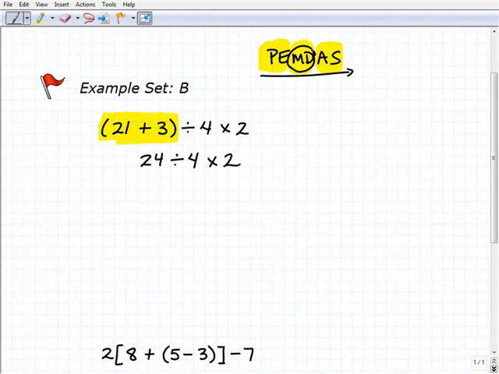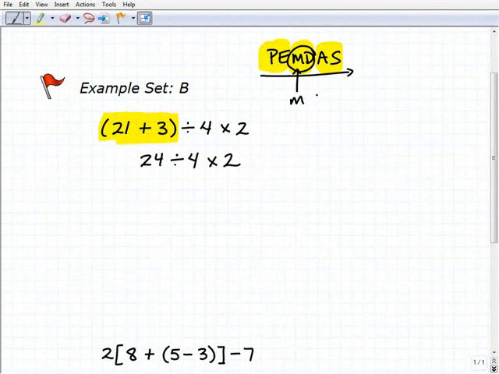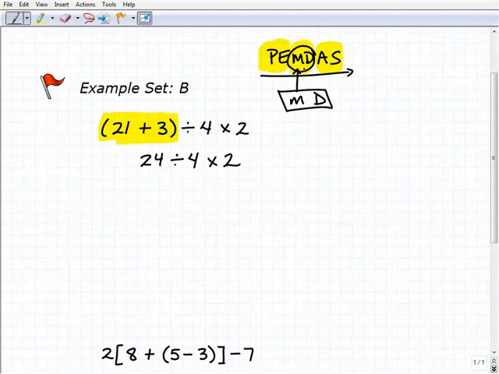So here's a common place where students get confused. They think, oh, I have to do multiplication always before division because it's the first letter in the PEMDAS. No, that's incorrect. It's whatever you see first, so from left to right.